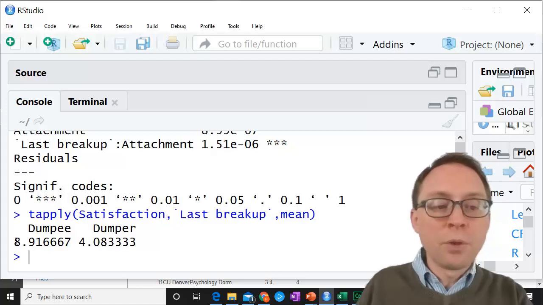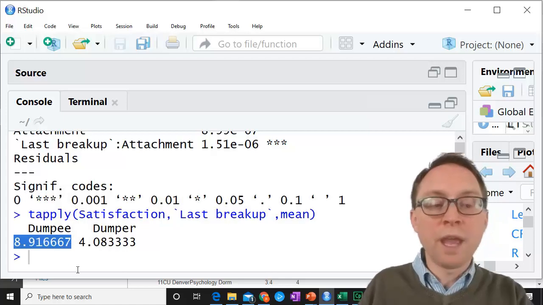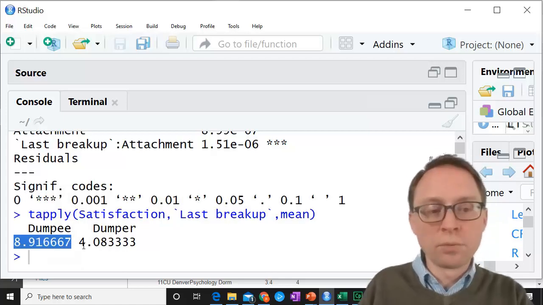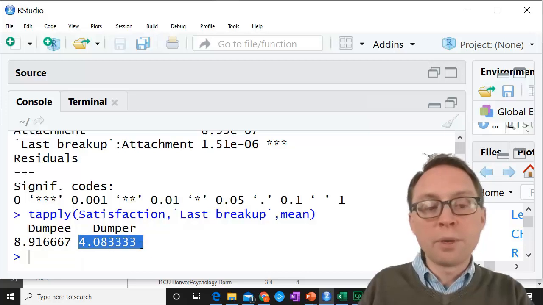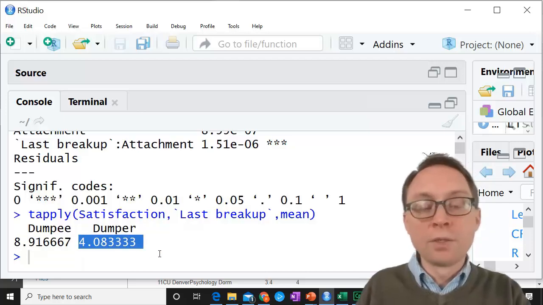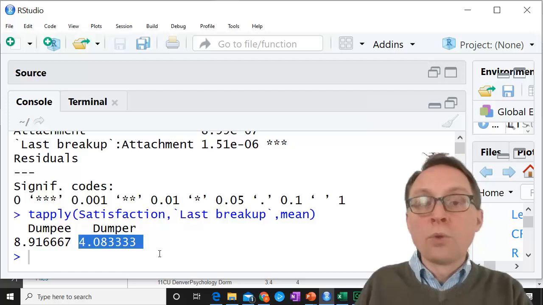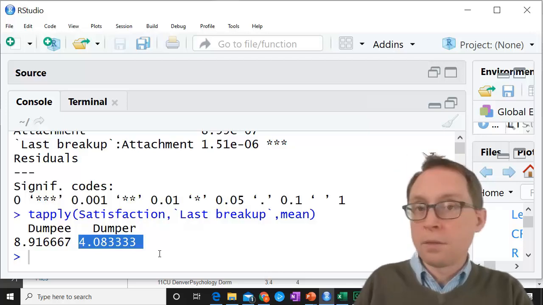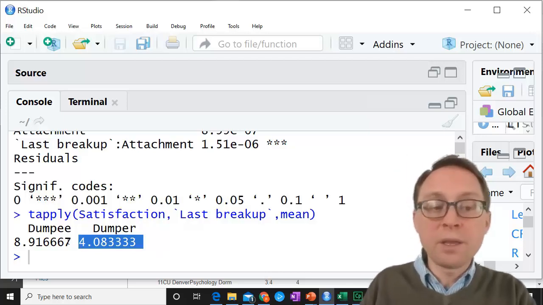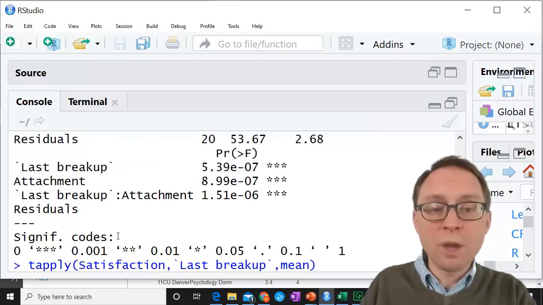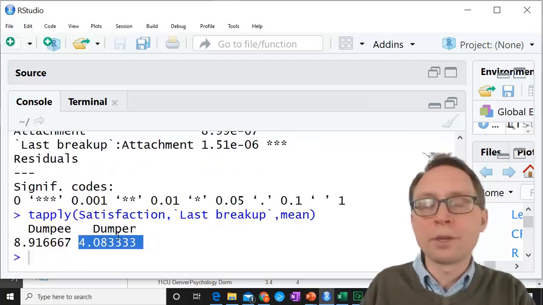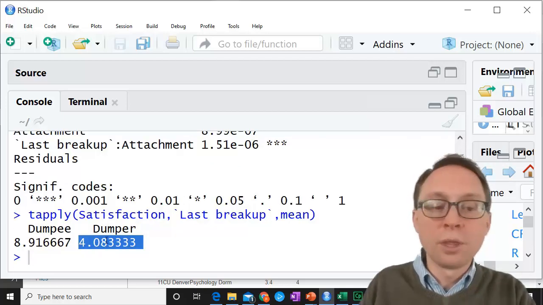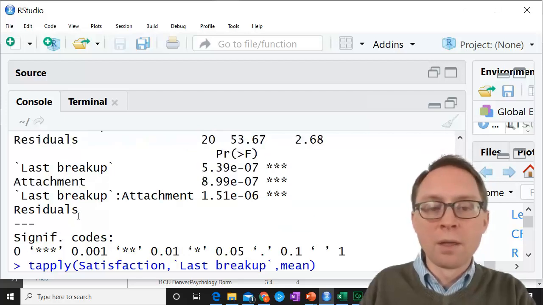It's saying that people who are dumpees have a satisfaction of 8.92, roughly, compared to the dumpers, who have a satisfaction of 4.08. Now, we do not need to run a pairwise test here because there's only two categories, levels. They're not two variables, they're two levels, dumpee versus dumper.